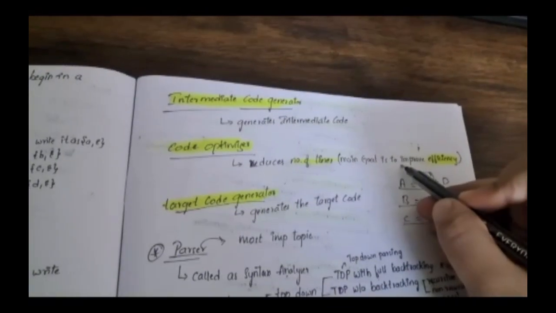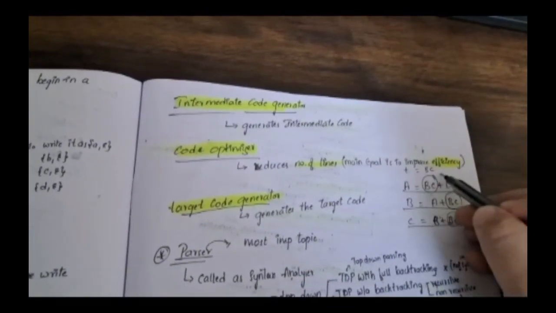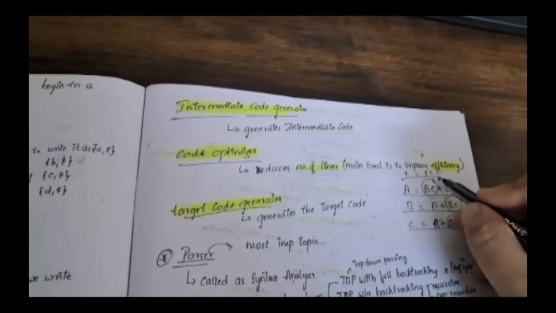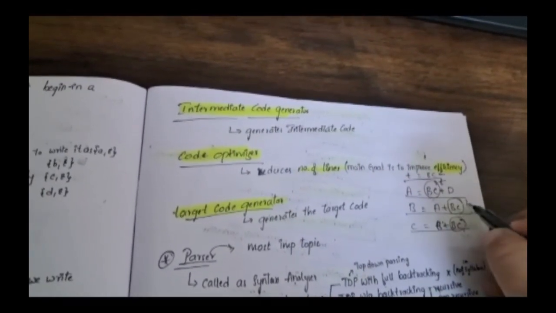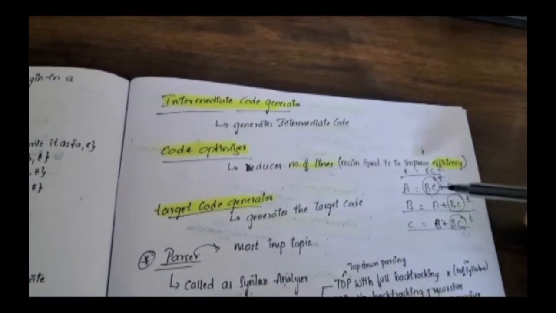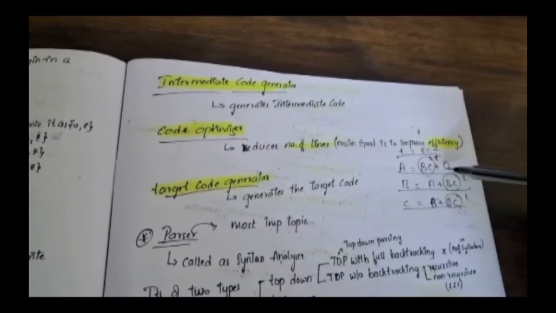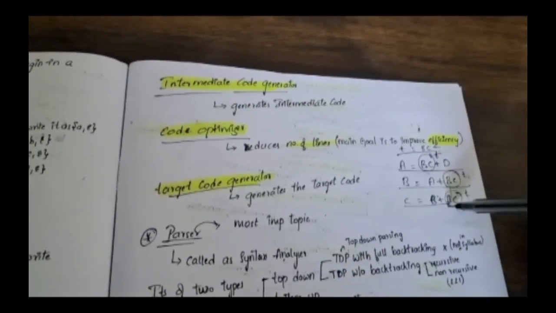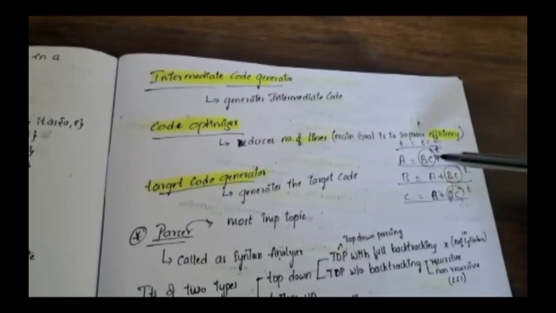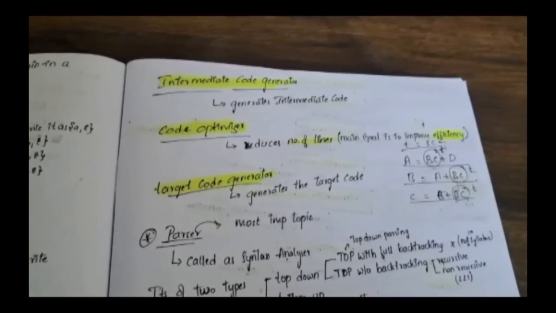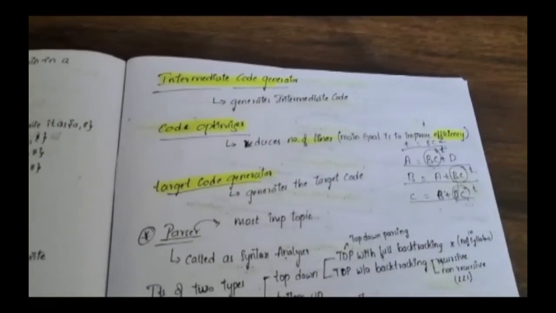Instead of this, if I define T to be BC, and once T is executed, and here instead of BC I substitute T, then it's already executed one time. So directly the value will be added and it does not need to be executed again and again. That's how code optimization takes place. This is just one of the methods. In the code optimizer, we have many methods to reduce the code.